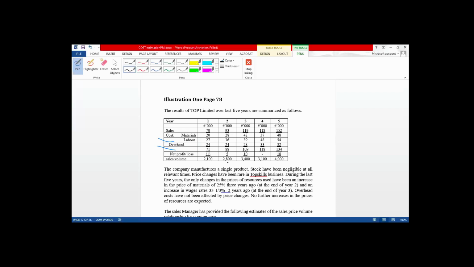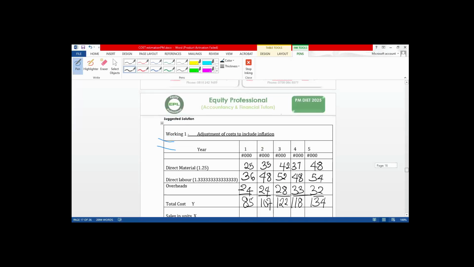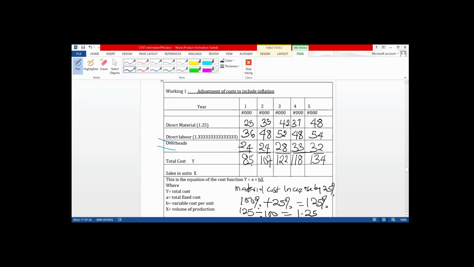Now, for convenience, you know that this cost, we have 30 up. Naira amount 30. That means the cost we have, like here, should be 85,000, 107,000, 122,000. We have scaled down by 30.